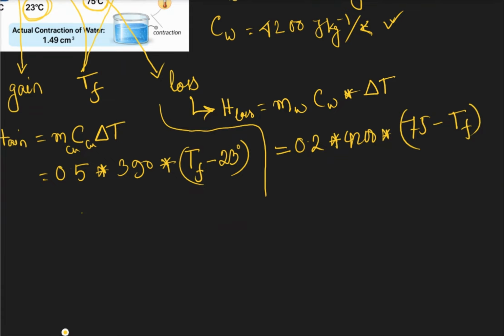Now we have to use the formula of calorimetry. So by the formula of calorimetry, we know that heat gain is equals to heat loss, right?